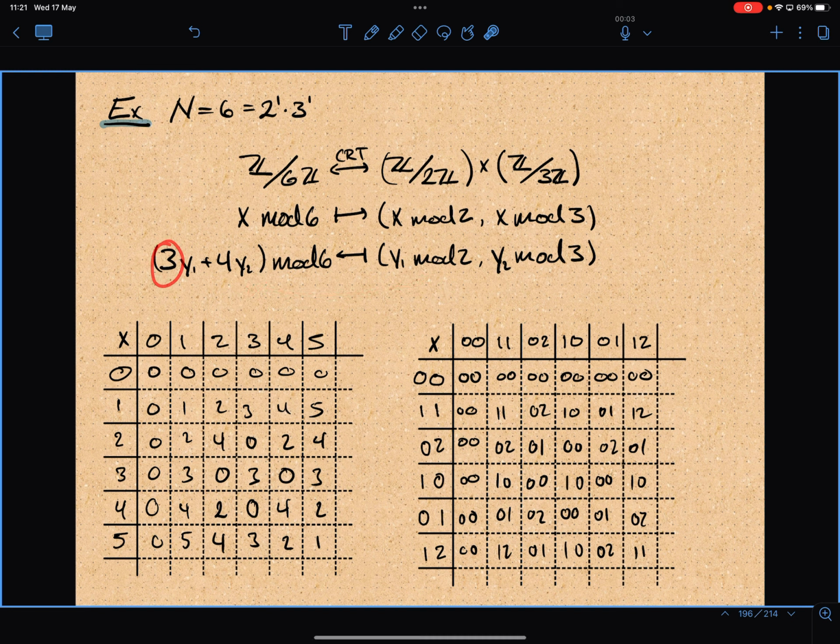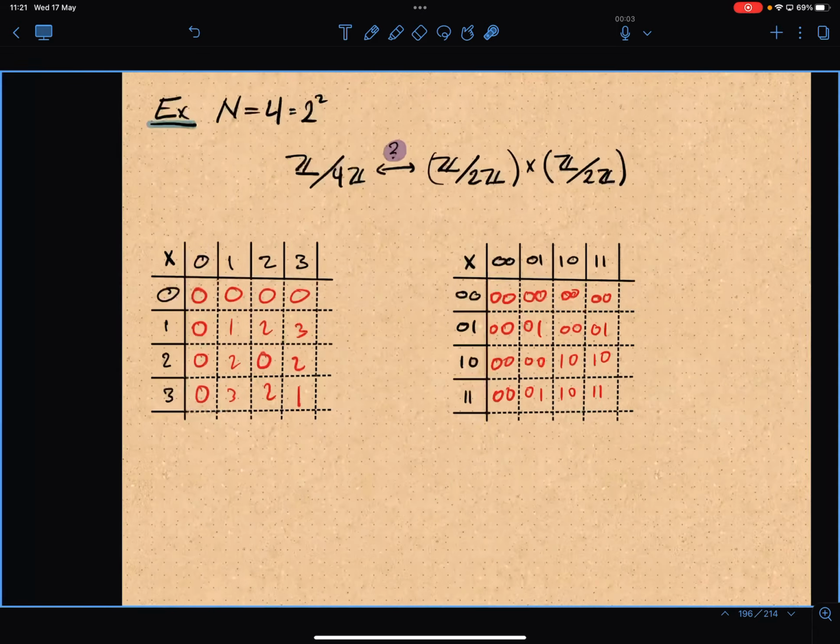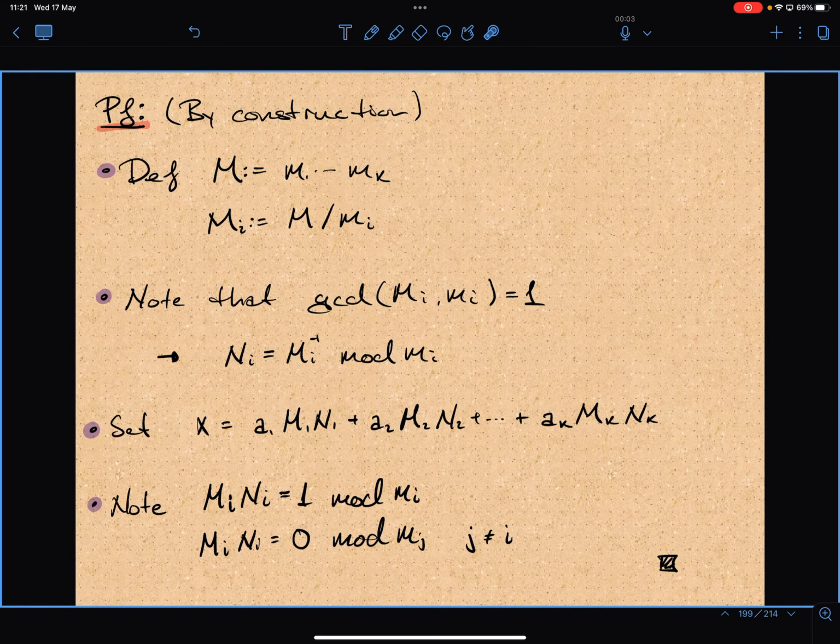I had these coefficients 3 and 4, which correspond to the products of M1 and N1 and M2 and N2. That was for the case that k was equal to 2. So that's how I create the map going back.